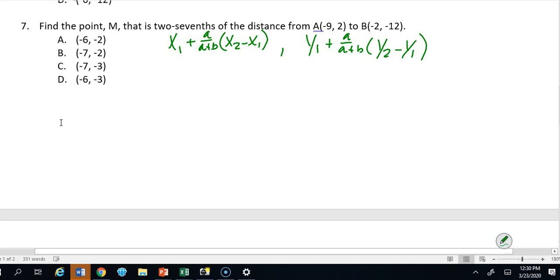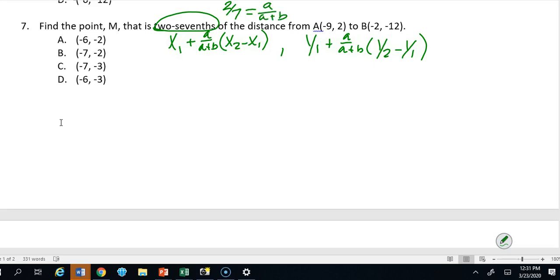Now, again, this 2/7 right here, and I'll tell you right now that on the test it's going to be written out as a word like that, 2/7, so that we got to know that that's 2 over 7. And that equals our A over A plus B. We don't do any substituting of A and B. We just put that in for A over A plus B.